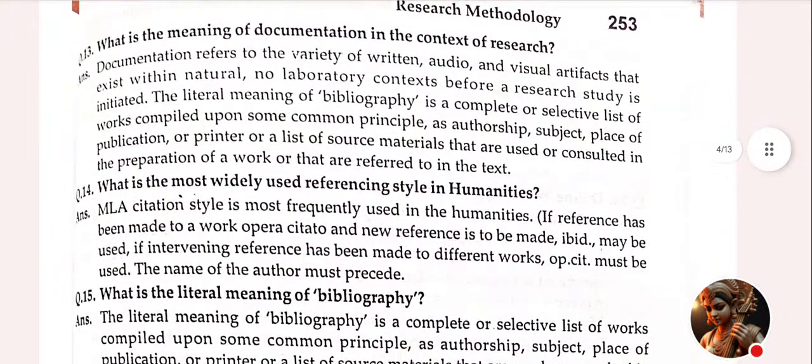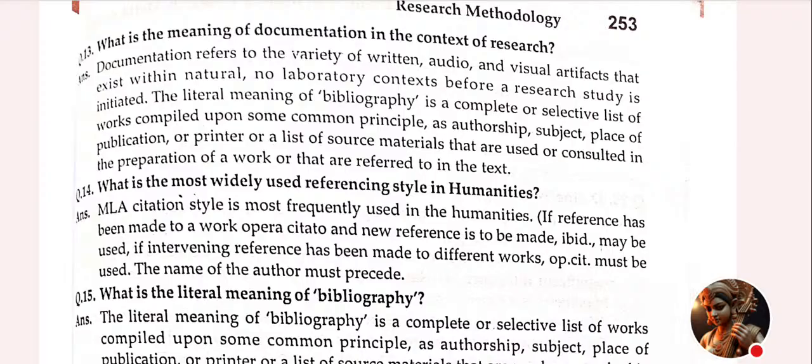Question 13. What is the meaning of documentation in the context of research? Documentation refers to the variety of written, audio, and visual artifacts that exist within natural, non-laboratory context before a research study is initiated.